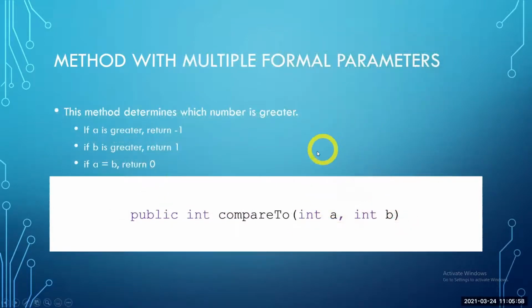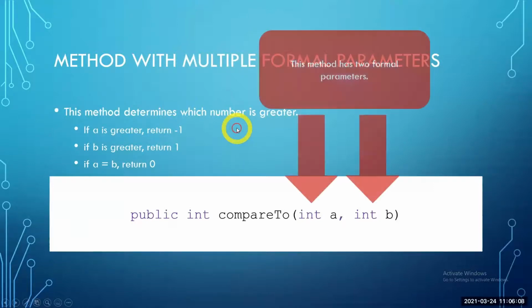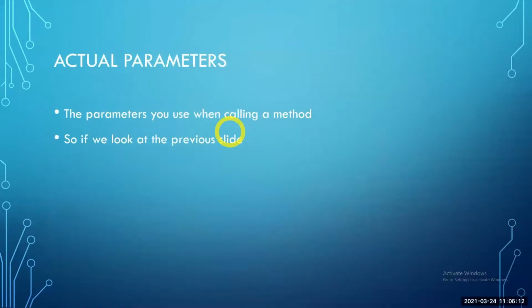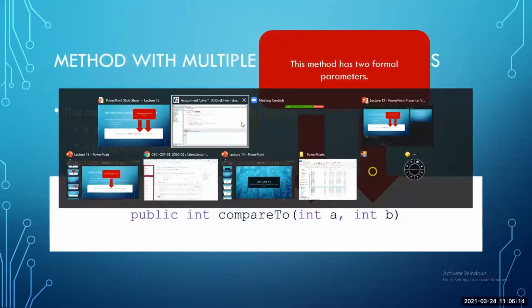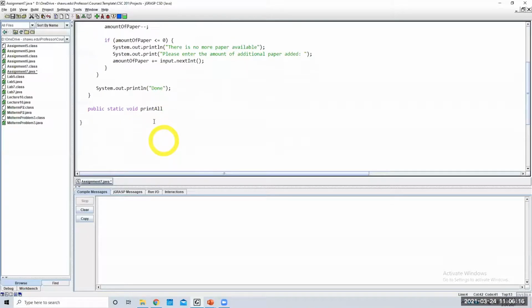However, if we want to compare two integers, int A, int B, this method obviously has two formal parameters. And we can do however many we want. All right, so let's create this method in our code. So public static void, I want to return an integer.